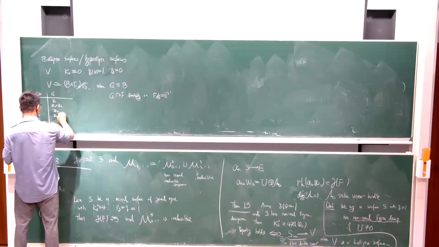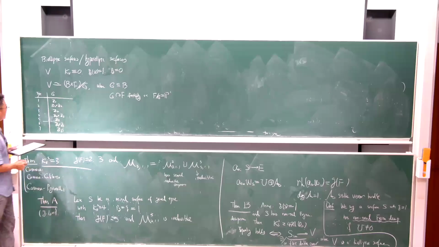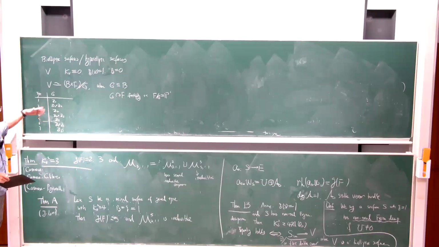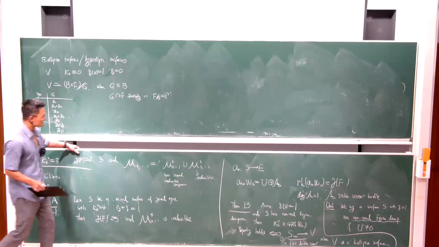Z4 times Z2. Z3 times Z3, and Z6. So we can also describe the coarse moduli space of these surfaces. These surfaces are quite well understood.